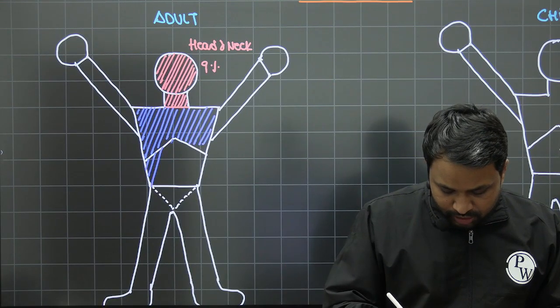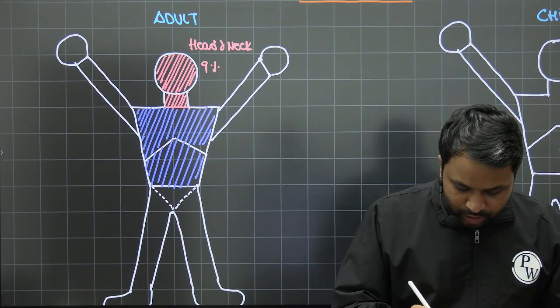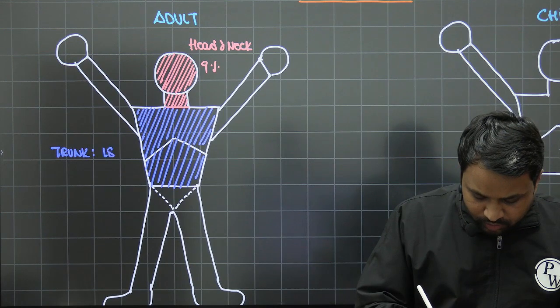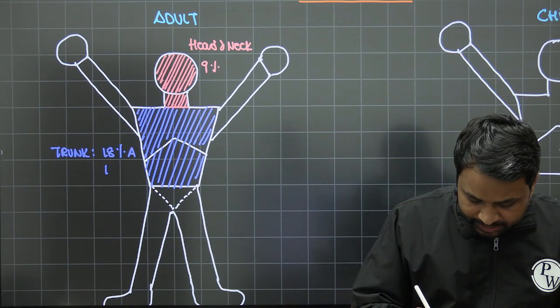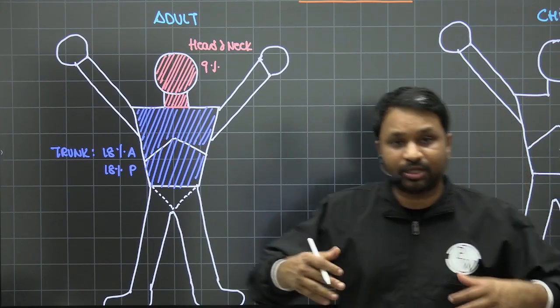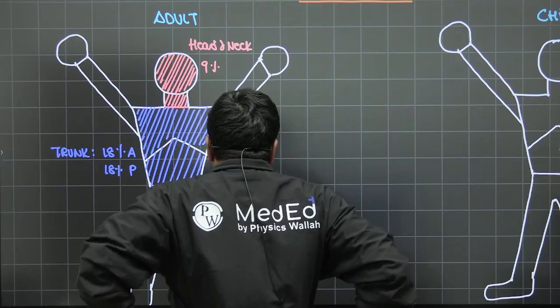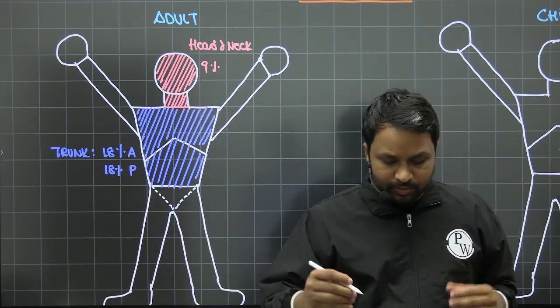The entire trunk is going to be 18% anterior, and 18% posterior. So 18% anterior, 18% posterior.